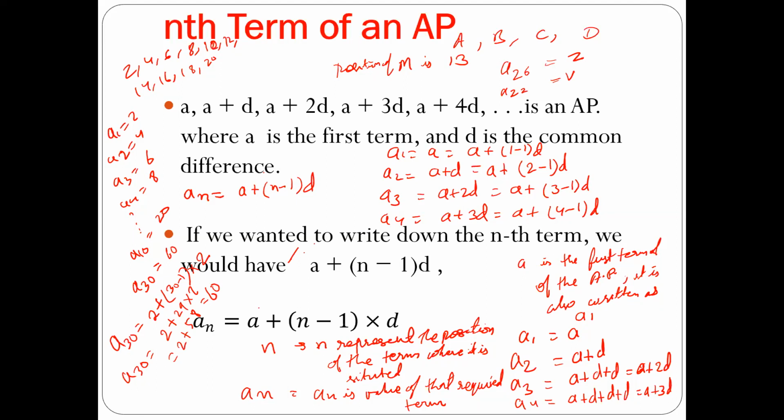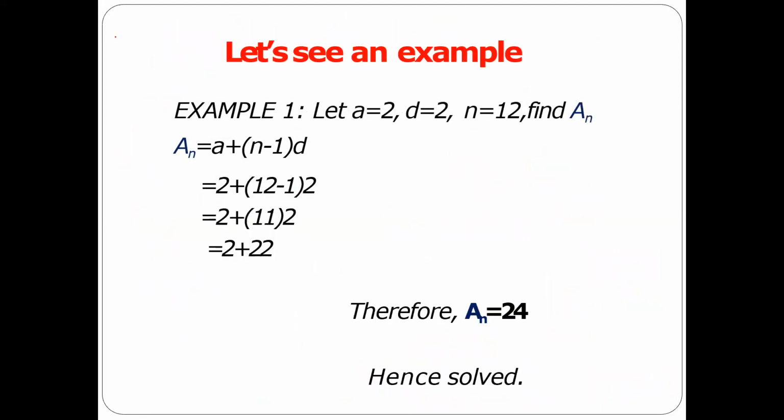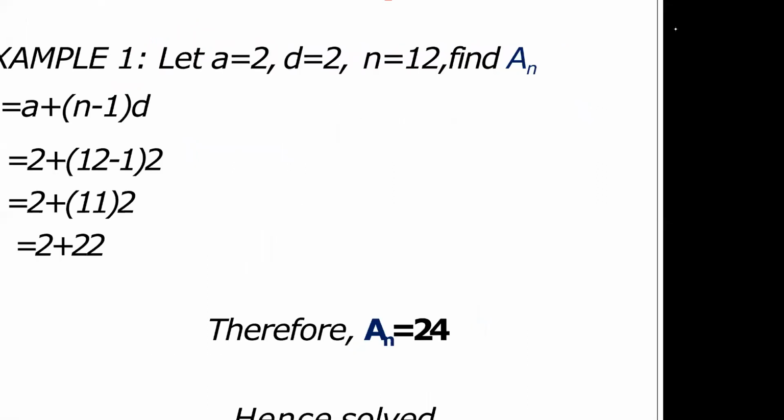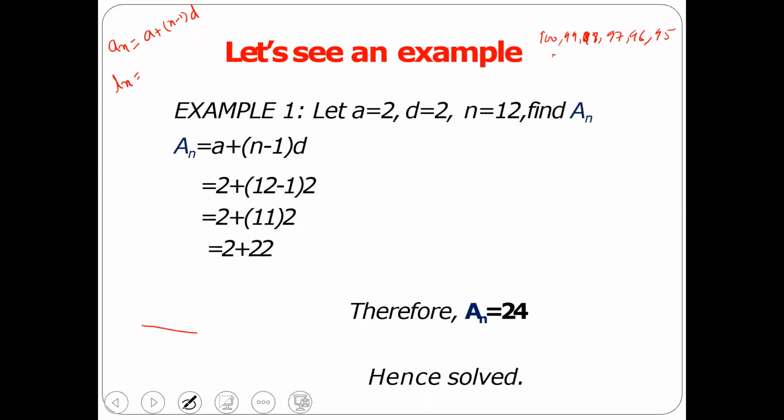This is the AP. It can also be calculated from the last term. So here an is equal to a plus n minus 1 into d, and when we calculate from the last term, for example 100, 99, 98, 97, 96, 95, the subtraction happens.